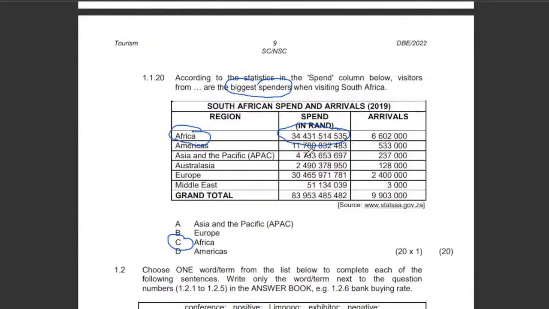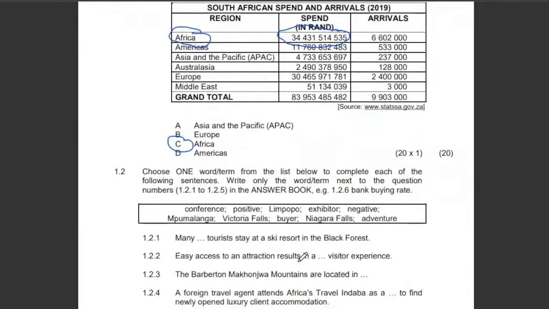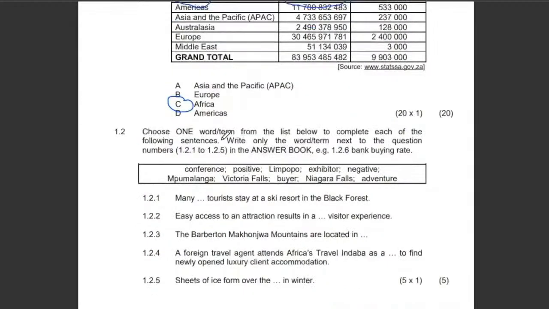If you look at the other regions, there is no other region which reaches near 34, except for Europe, which is around 30. But 30, remember, is still below 34. So the biggest spenders originated from the African region. So that is multiple choice.